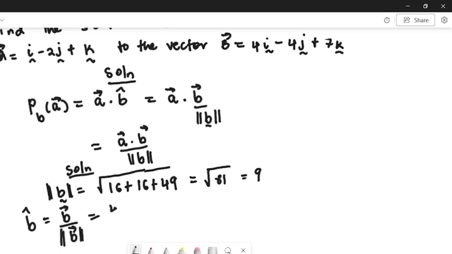That is 4 over 9 i, minus 4 over 9 j, plus 7 over 9 k. So that's our unit vector.